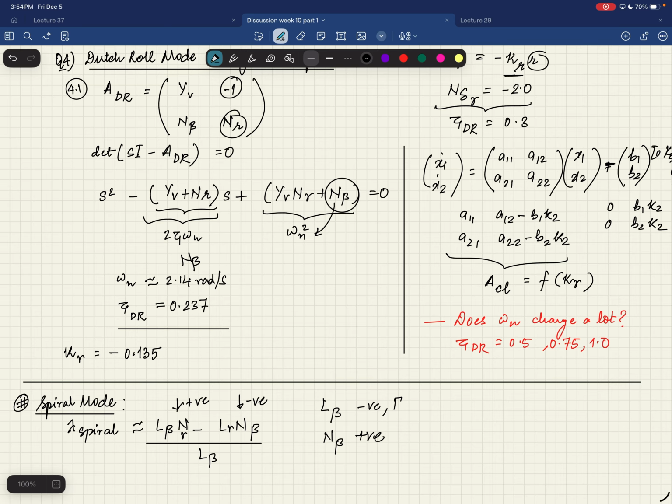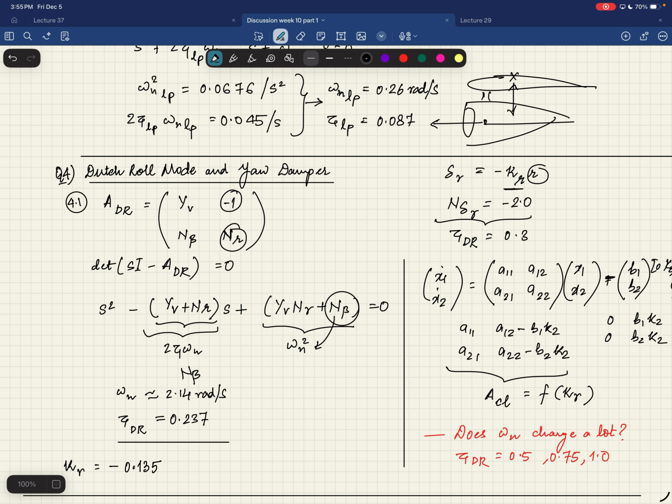That you are going to change Y sub V and N sub R mostly. Not even Y sub V. Actually, N sub R is going to be the one that's directly affected. And what are we doing to N sub R? We are subtracting N delta R times K R.